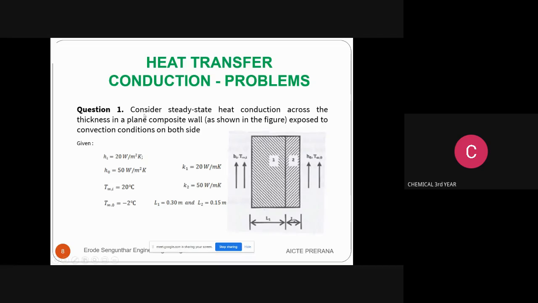Once again I repeat the question: consider steady state heat conduction across the thickness of a plane composite wall, as shown in the figure, exposed to convection conditions on both sides.